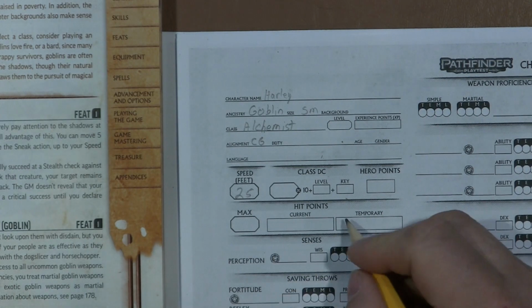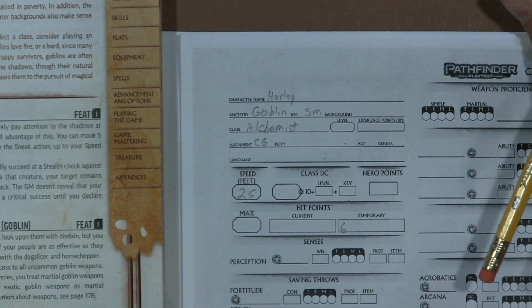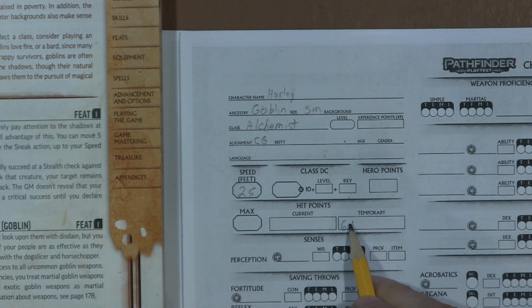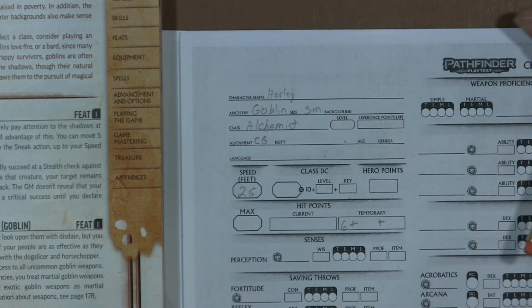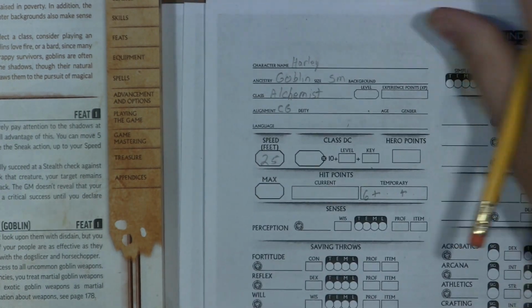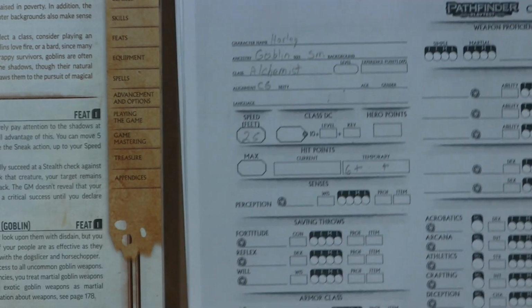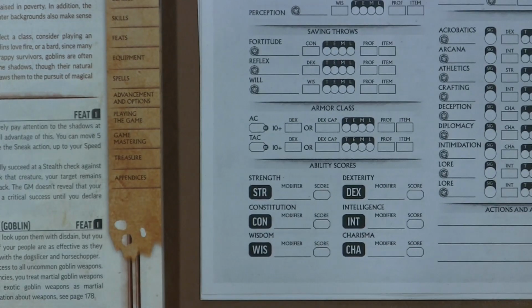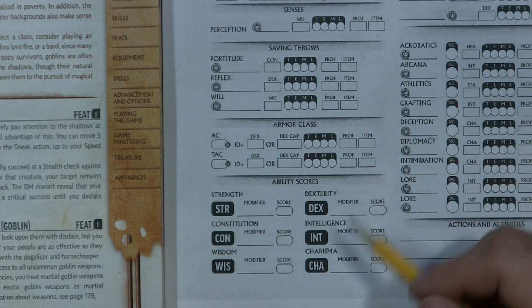Hit points, I'm going to use the temporary column to work out all my math, because it'll be 6 plus class plus Con bonus. We skip over perception for now. We'll come back to that later after we have everything else figured out. We do come down here though, because I have selected my class.